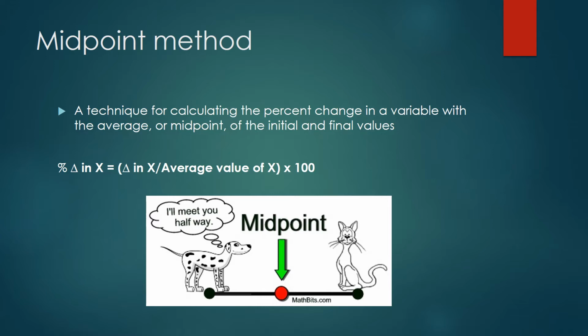So while the numerator is the same in either case, the denominator would be different, and we'll end up with two different answers. The midpoint method solves that problem because it will be dividing by the average, so dividing by 90 for both of them. So this is a nice way to get one single elasticity value regardless of whether you're increasing or decreasing price or quantity or whatever the variable is.